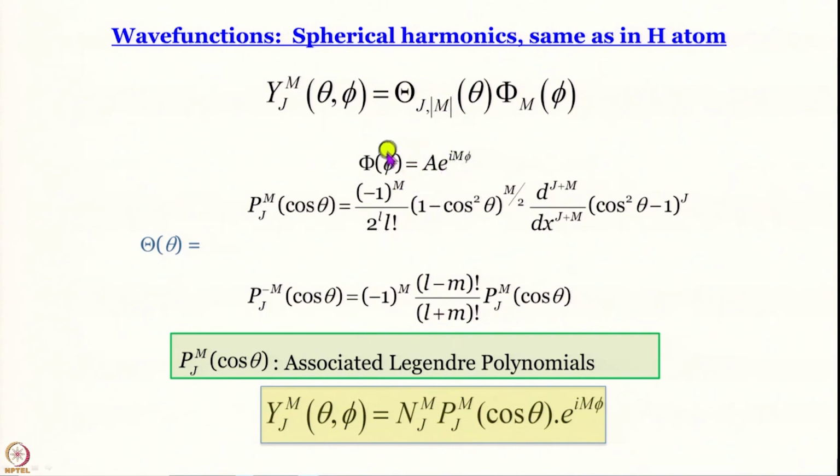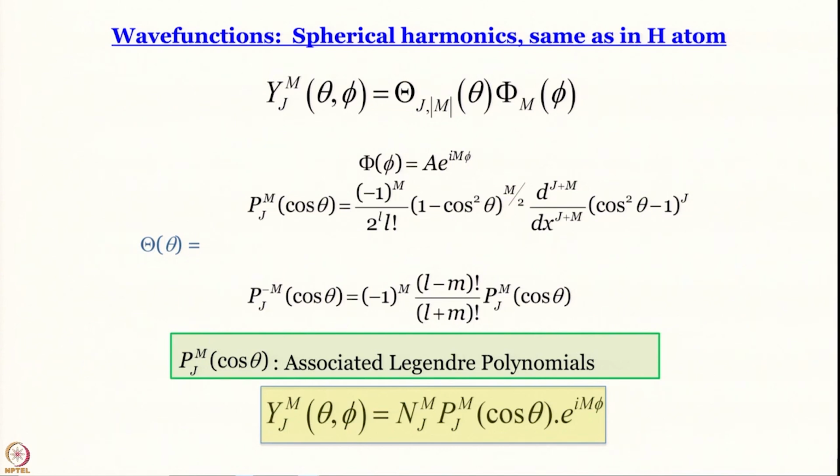Also, do not forget that J, the theta dependent part and phi dependent part are related by this m square, so it also gives us a limit to the value of capital M. J turns out to be 0 and positive integers, 1, 2, 3, 4, and the limit of capital M turns out to be J. So, if J equals 3 for example, you can have M equal to 0, plus minus 1, plus minus 2, plus minus 3. So, we have 2J plus 1 values of M. We will come back to this once again when we talk about the hydrogen atom.